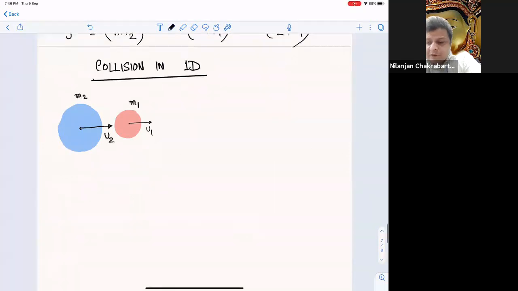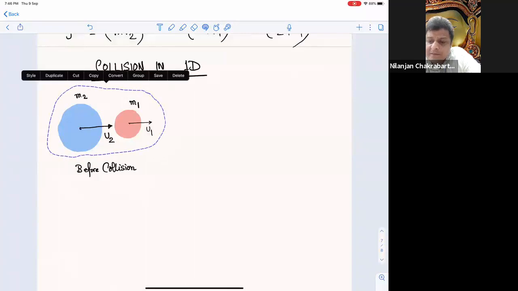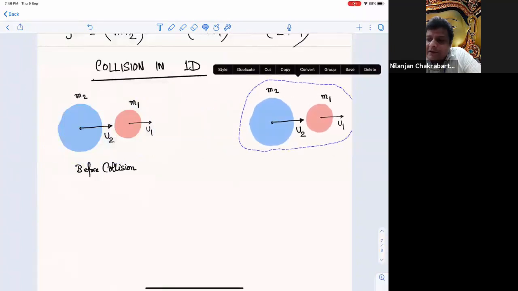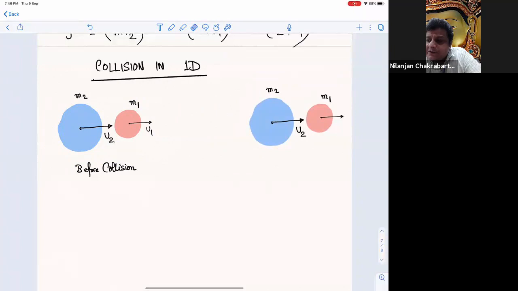Now this is before collision. Another situation I'm drawing just after collision. This is just after collision, the velocities will change. So this will have velocity v1, sorry, v2. So this is just after collision.